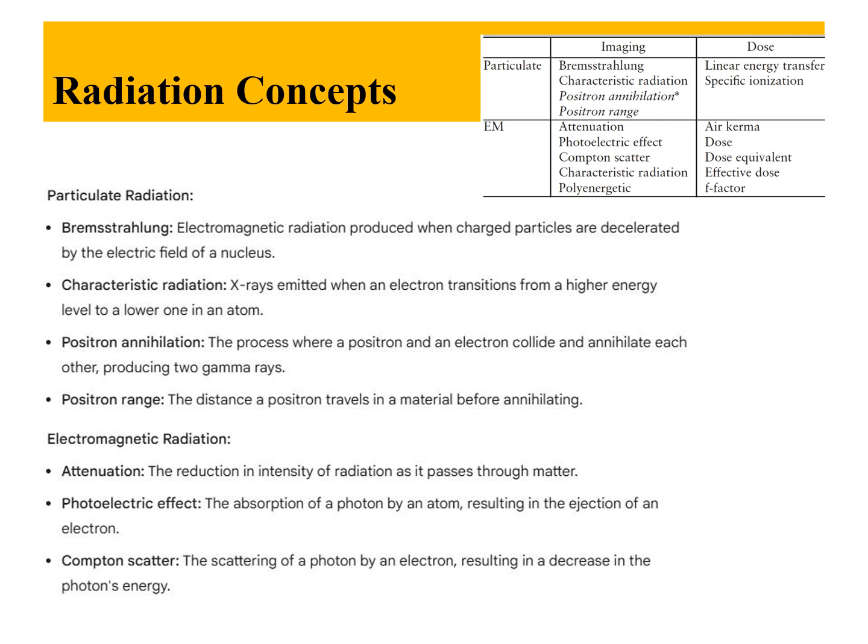radiation, electromagnetic radiation is produced when charged particles are decelerated by the electric field of the nucleus. So let's say you have a nucleus and you have these electrons around it, and you have an electromagnetic wave, an X-ray, passing through.